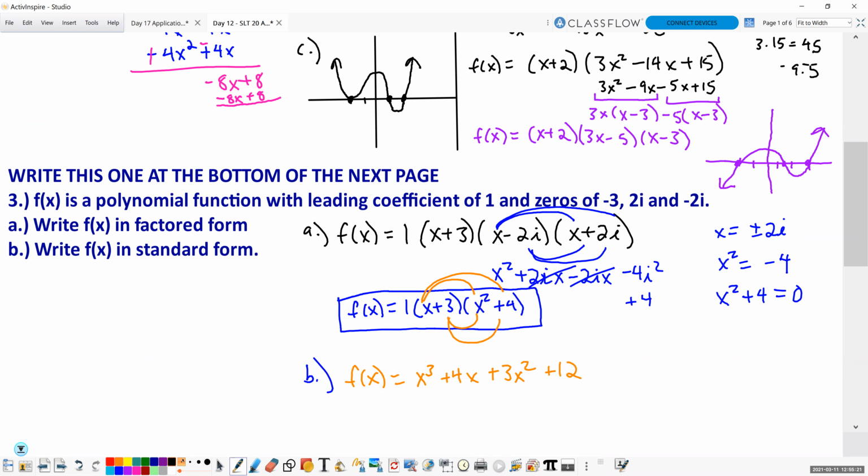And that's not quite in standard form, so I'm going to make it f of x equals x cubed plus 3x squared plus 4x plus 12, and now it's in standard form.